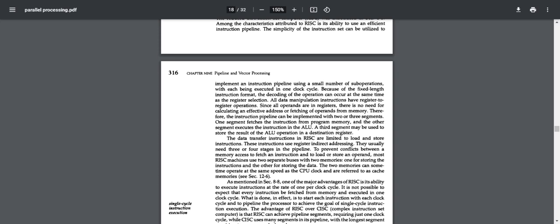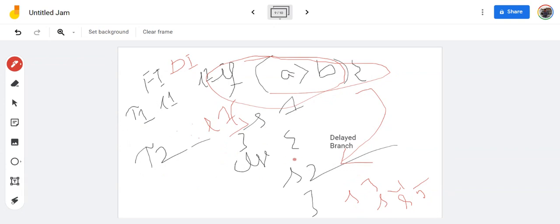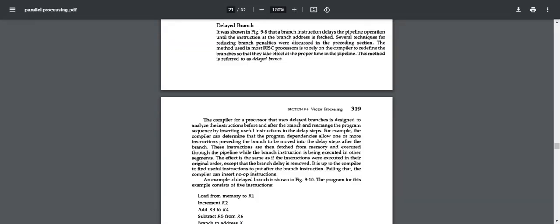You are trying to evaluate this if statement, and rather than fetching the instructions in the if else block, you start fetching the instructions which are not dependent on the computations inside the if else block. In this way, you are delaying the instruction execution inside the if else block to some extent. This is called delayed branch, right?